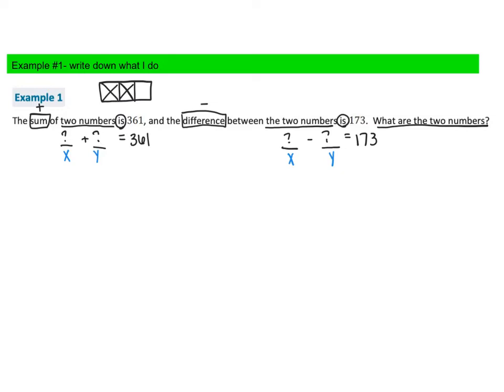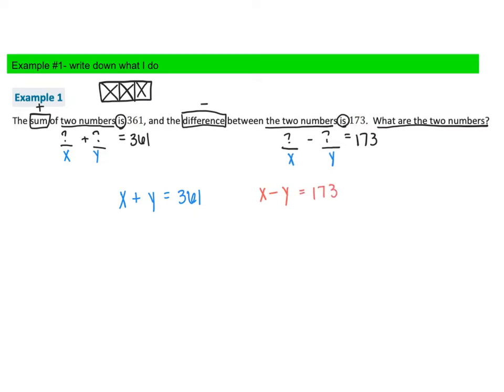What are the two numbers? So I have read for my third time, and I'm going to start this. My two equations are x plus y equals 361, and the second equation is x minus y equals 173.